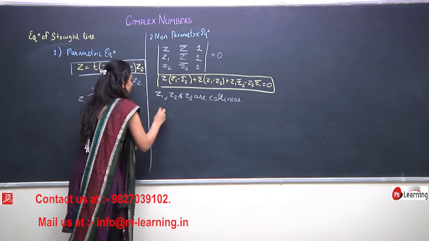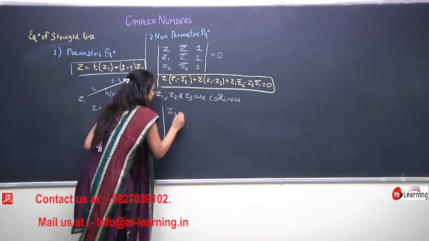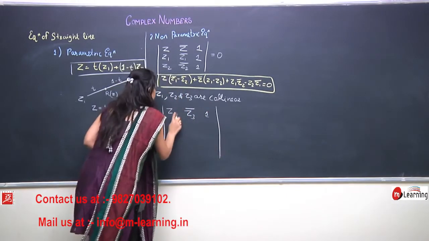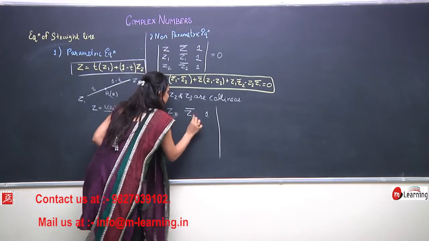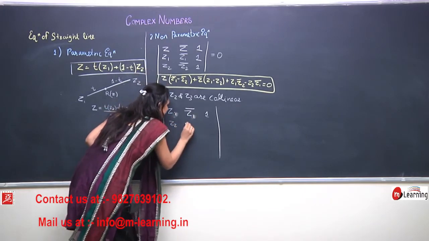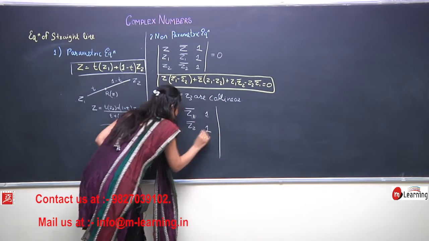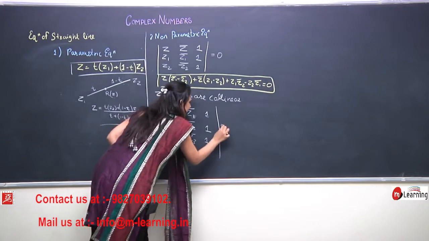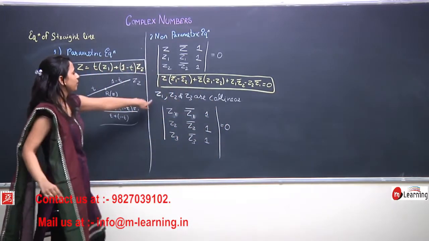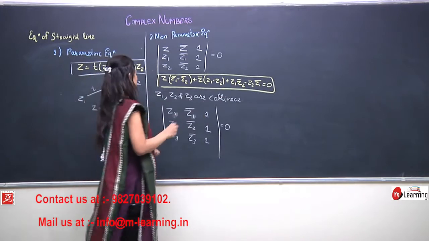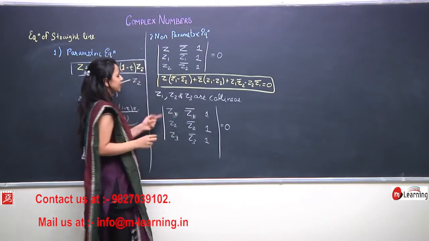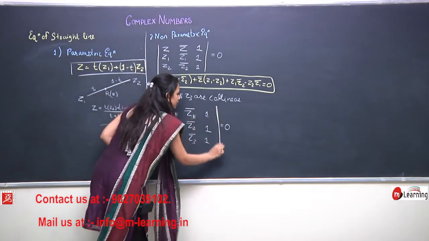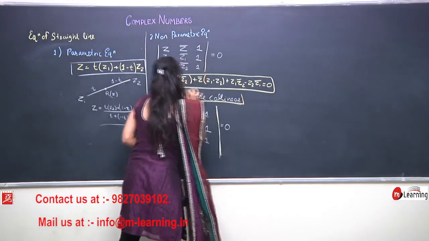I can write z3, z3 bar, 1, or I will write this way: z1, z1 bar, 1; z2, z2 bar, 1; z3, z3 bar, 1 is equal to 0. This is the condition for 3 points z1, z2 and z3 to be collinear. So we say that for 3 points z1, z2 and z3 to be collinear, the value of this determinant has to be equal to 0.